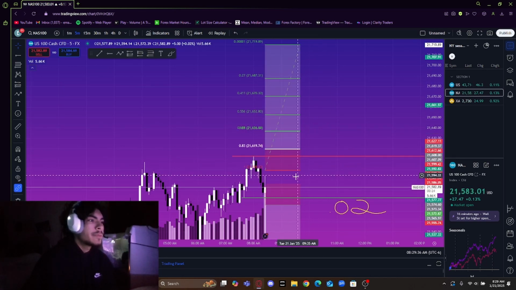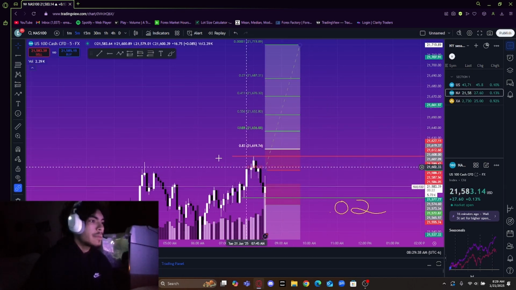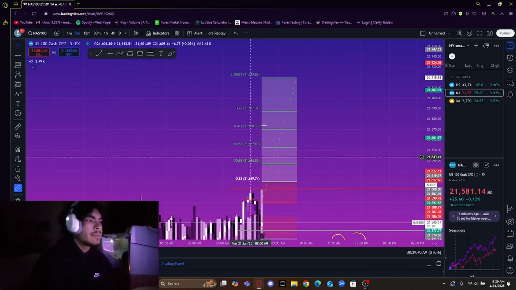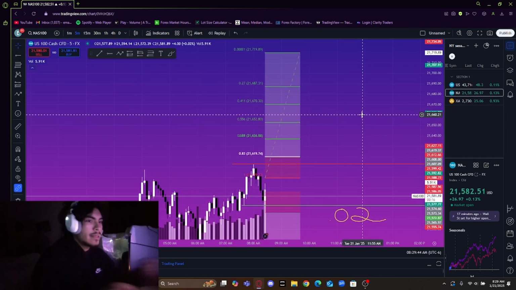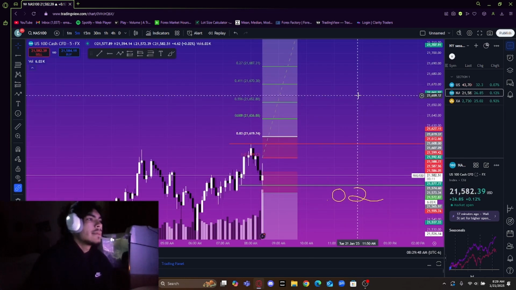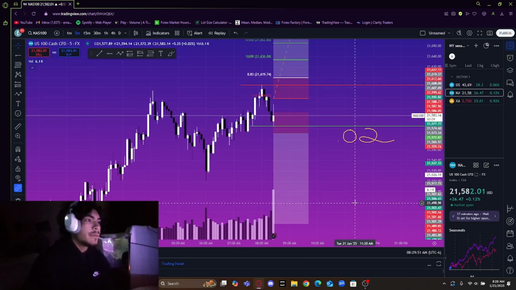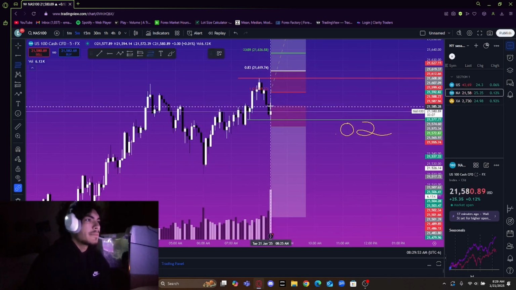It marks out your stop loss, your entry, and all the green are your different TP levels, and it lets me keep track of what TP I'm at and when I should be getting out.